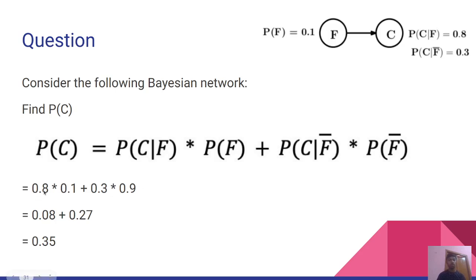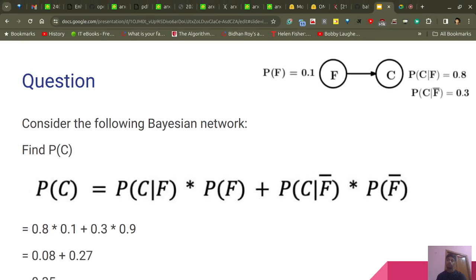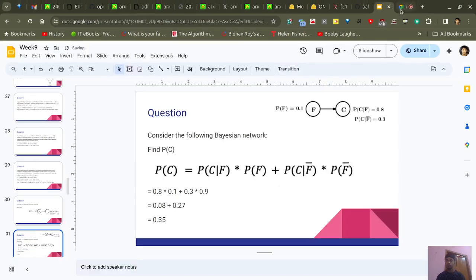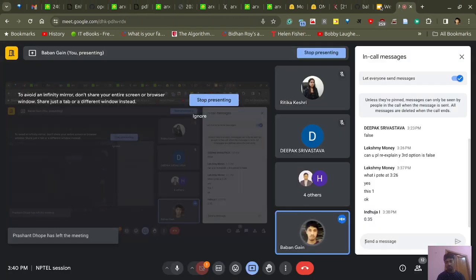So 0.8 into 0.1 is 0.08 and 0.3 into 0.9 is 0.27. So totally it is coming out to be 0.35. So I hope it is clear. Yes, it is 0.35.